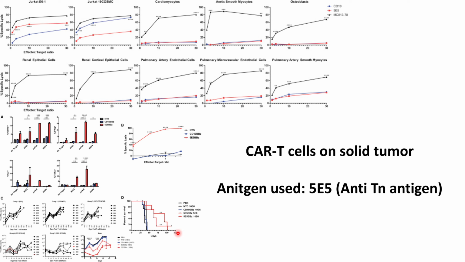And thereafter, they detected the percentage survival, and in this case, we can see that the mice that have the CD19 or non-transduced cells died earlier compared to the mice that have these 5v5 CAR T cells as the cancer treatment.